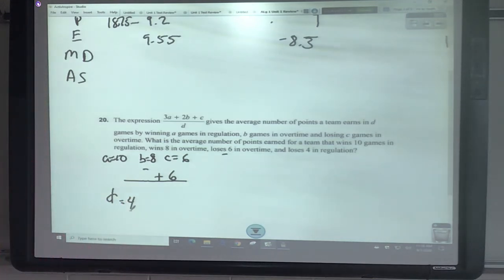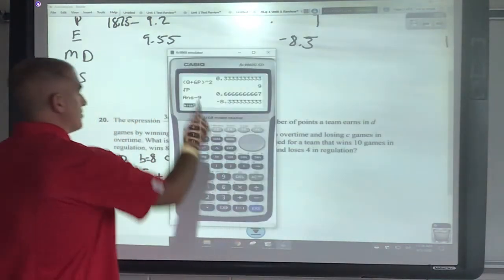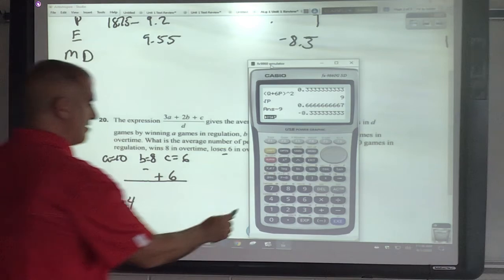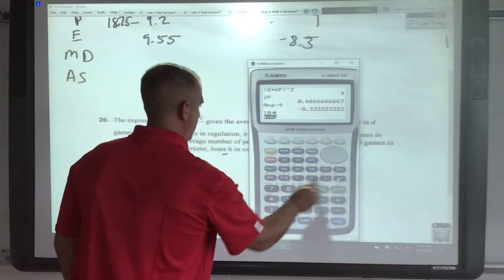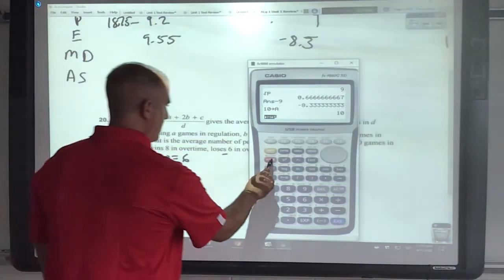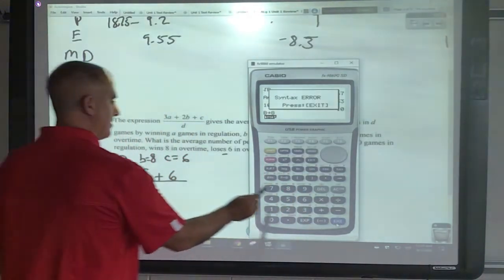So I'm going to go ahead and substitute those values in. A is going to be 10. B is going to be 8. C is going to be 6.